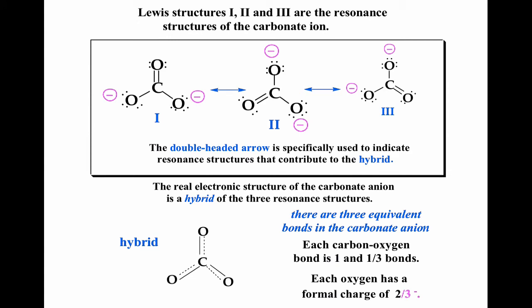And each oxygen atom, therefore, has a formal charge of 2/3 minus, right? There's not a full negative charge on any of those oxygen atoms. However, the molecule as a whole has a 2 negative formal charge, right? So we can have that in these polyatomic ions.